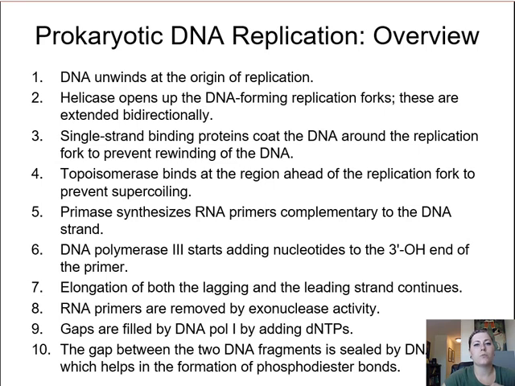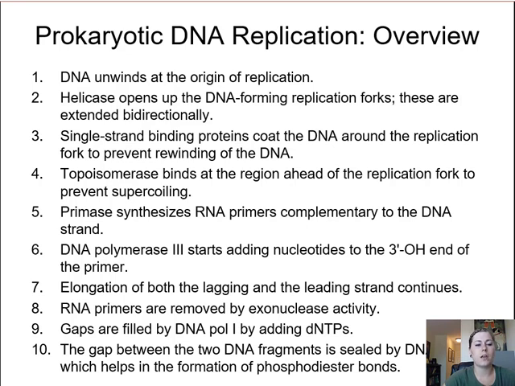So, to recap and give you a good overview, DNA will unwind at the origin of replication. The origin of replication is a specific sequence of nucleotides which a protein will bind to in order to initiate the replication bubble.